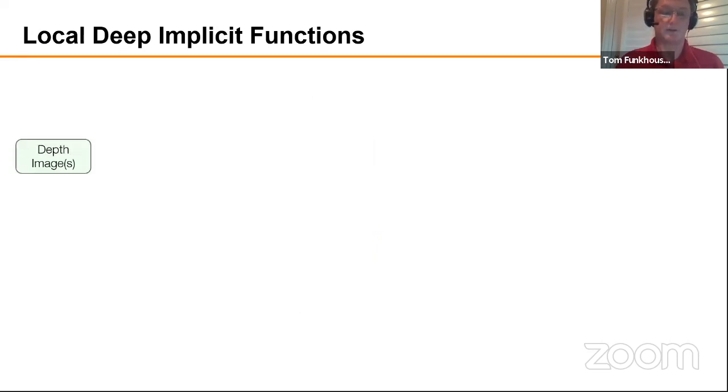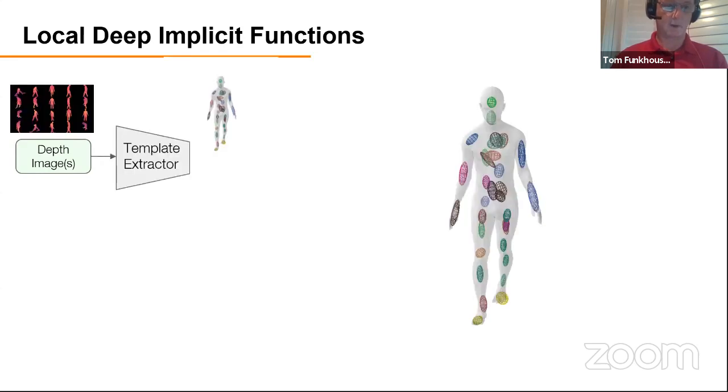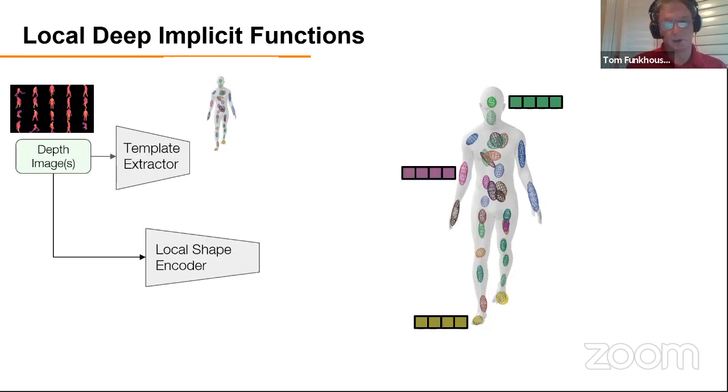The way that we actually train on that is that, say, if we had depth images or something like that as input, we would run it through the network that I described in the first part of the talk to produce the mixture of Gaussians, the decomposition into Gaussian regions. And then we would also train a local shape encoder to learn the local codes for each of these Gaussians.